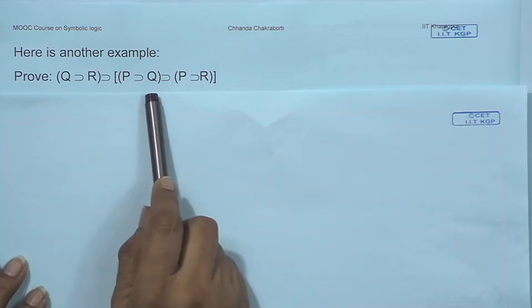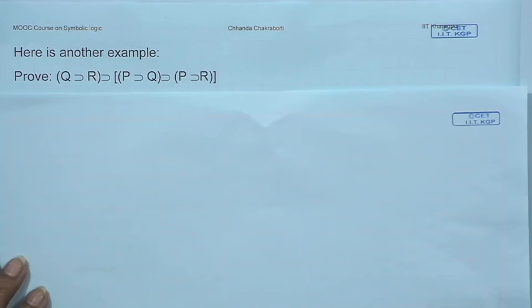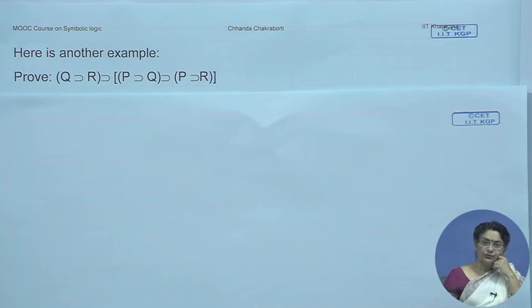Let us see another example now, and here is the tautology. So, if Q then R, then if P then Q, then if P then R. That is the tautology. Now, what do I do, what would be my premise, etc. You have a number of choices here. So many horseshoes.